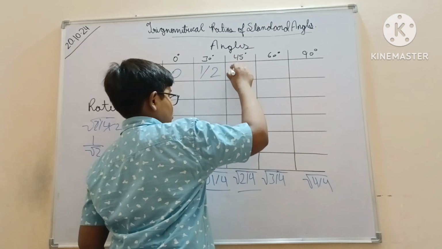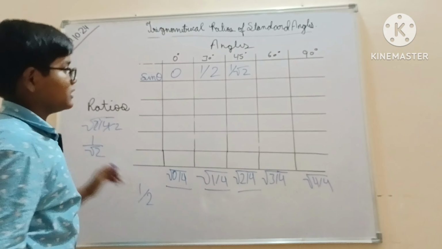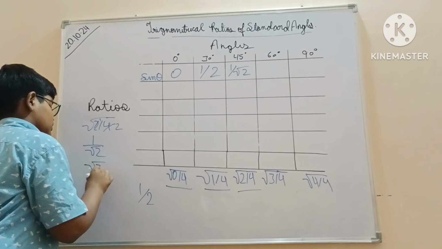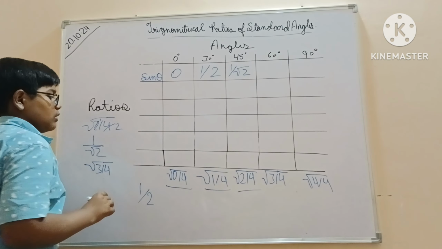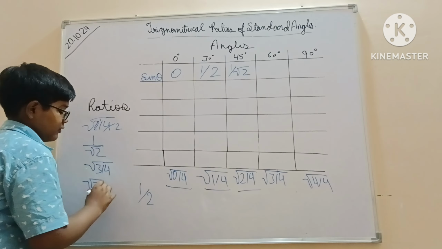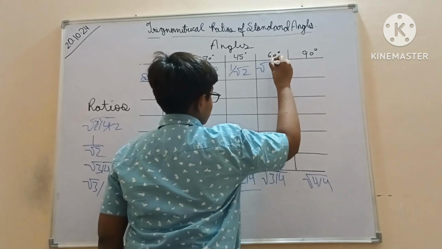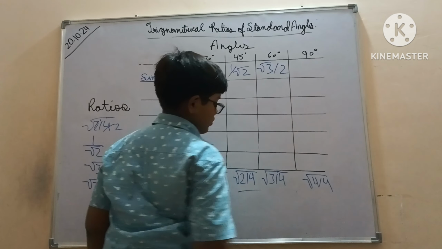So 1 divided by root 2. Now 60 degree, root 3 divided by 4. 3 will be rooted, and 4 if rooted will become 2. So sine 60 degree is root 3 divided by 2.